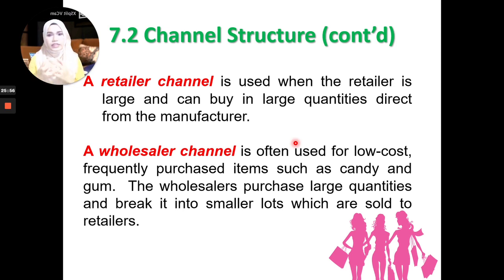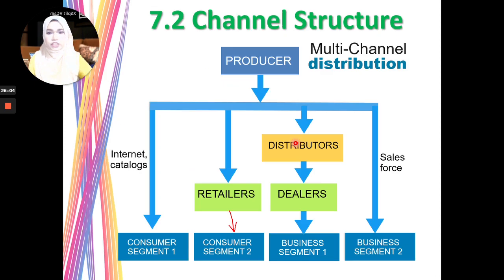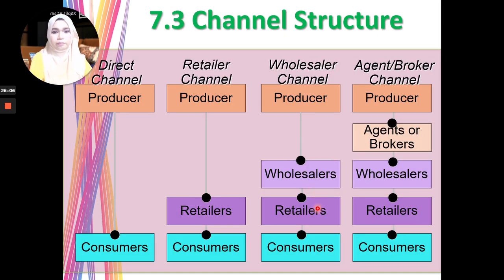Sometimes it is just the wholesaler, or sometimes it is the merchant wholesaler, but basically they are the same, right? Now, the retailers, sometimes they are small. When they are small, they can't afford to buy from the manufacturer. That is when the retailer will buy from the wholesaler here. If the retailers are big enough, for example, you remember Giant, right? They are big enough.